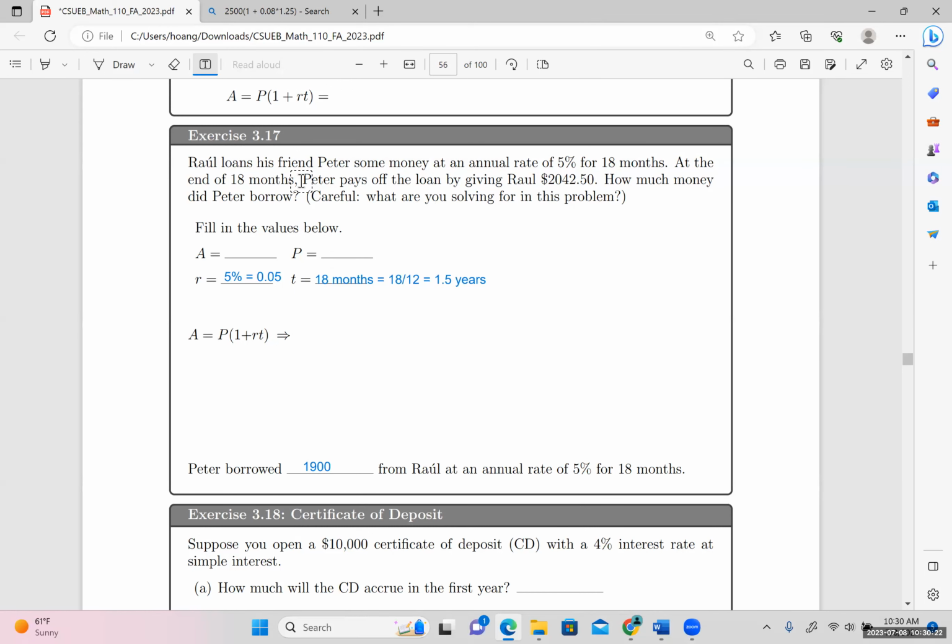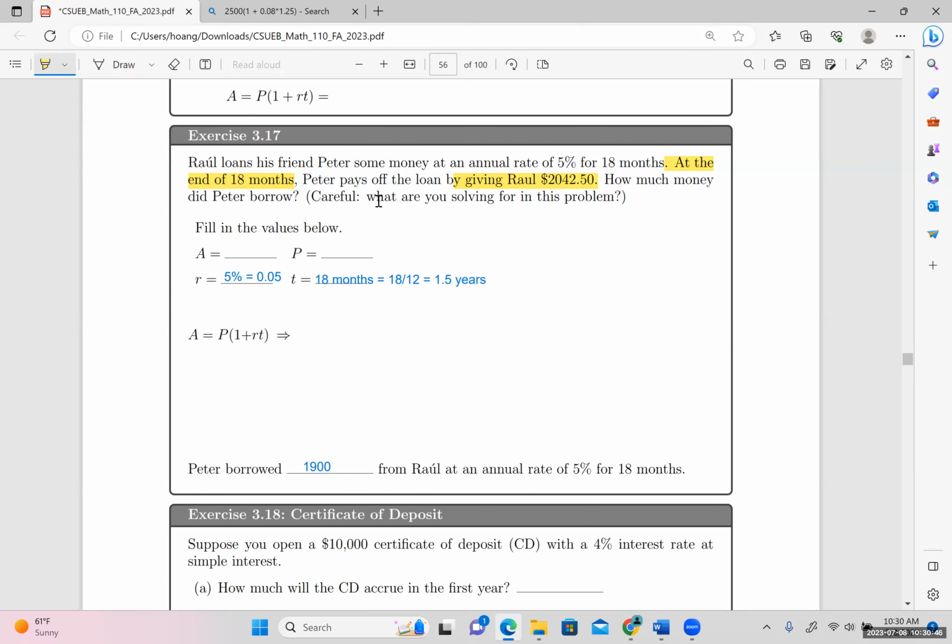At the end of 18 months, Peter paid off the loan by giving Raul 2042.50. Okay, so watch out for this. It says at the end of 18 months. That means, is this the present value or the future value?